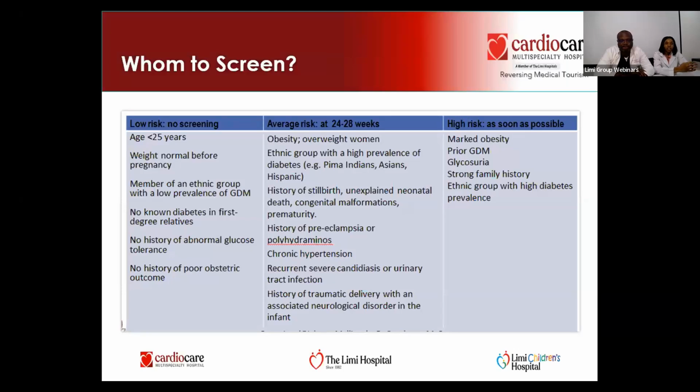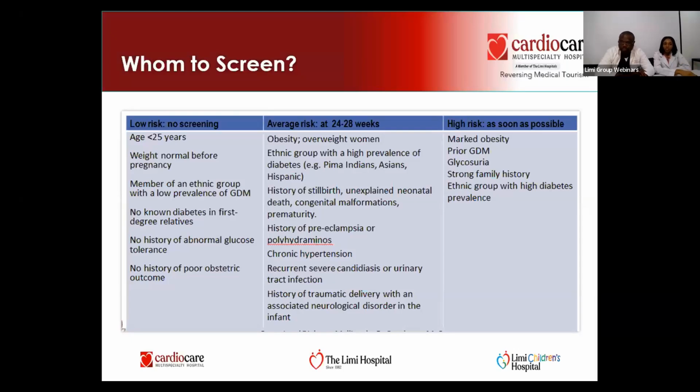So for the low risk, we have age less than 25 years and normal weight before pregnancy. Essentially, people that don't have those risk factors that we've talked about: no known diabetes in first-degree relatives, no history of abnormal glucose tolerance, no history of poor obstetric outcome in previous pregnancies.